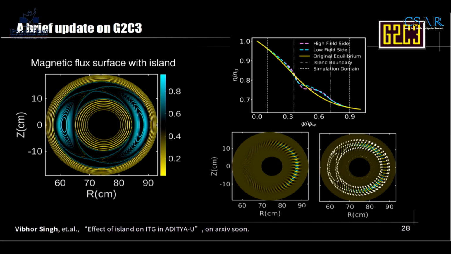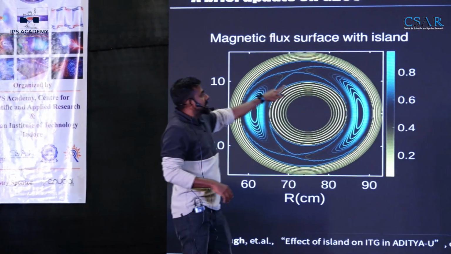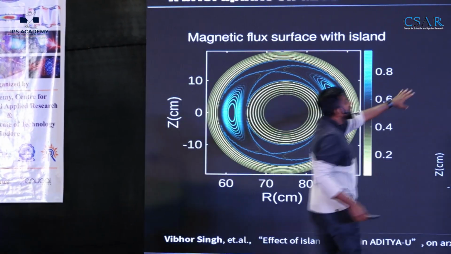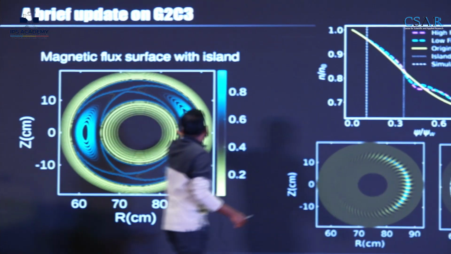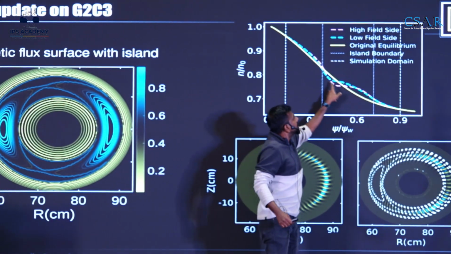In parallel, we also need to test our code on some physics problems. So here is one particular problem wherein we took a magnetic island which was observed in Aditya, and we tried to model it. But strangely enough, which is typical, in most of these experiments in Aditya, they can't measure the so-called flattening of density. When you add this extra island, typically the density has a flattening, this kind of shape.